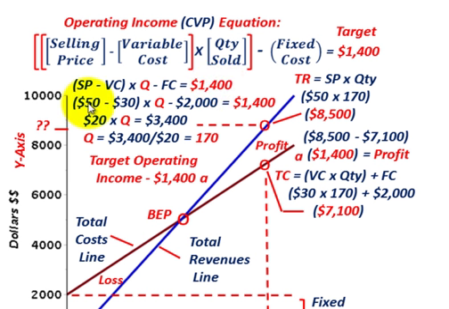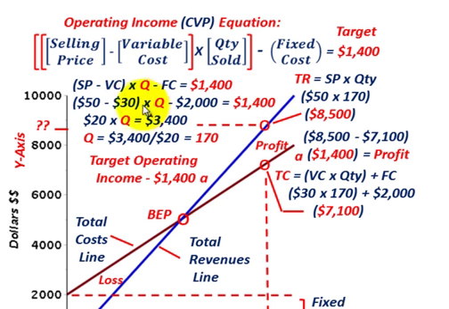So plugging our numbers in, 50 for selling price, variable cost of 30. Now we have to solve for that quantity, the quantity of units that have to be sold to determine this $1,400. But from that amount, we have to subtract out the $2,000 fixed cost, and that all has to equal $1,400.